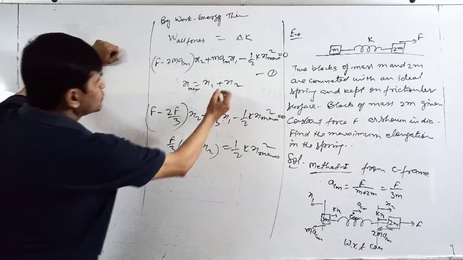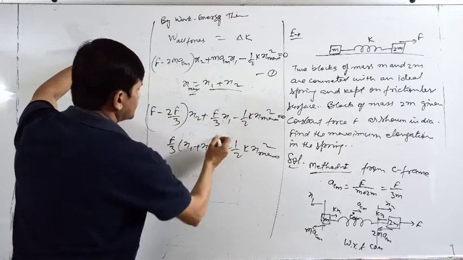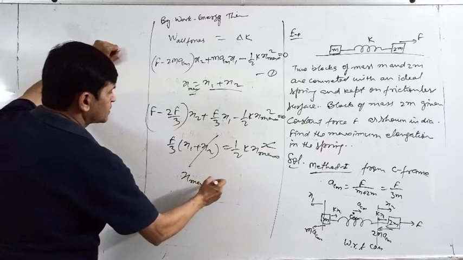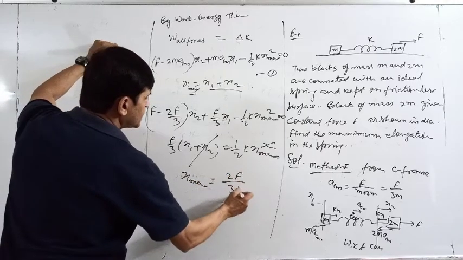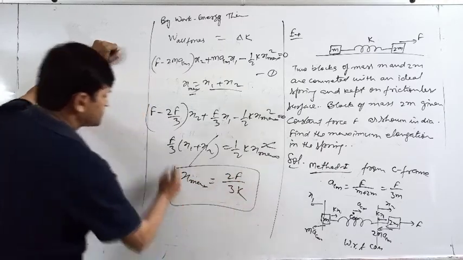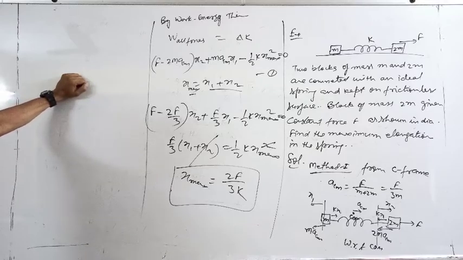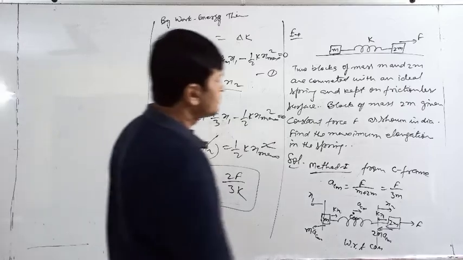So x1 plus x2 is equal to x max, and x maximum is equal to 2f by 3k. This is the answer. So maximum elongation in the spring will be 2f by 3k. This is one method, called the C frame.